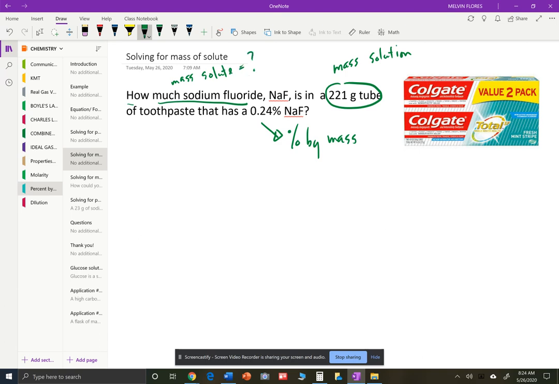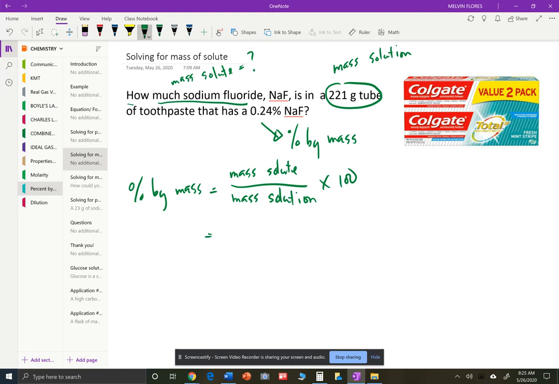All right, so our formula: percent by mass equals mass of solute divided by the mass of solution, times 100. What is our mass of solute?